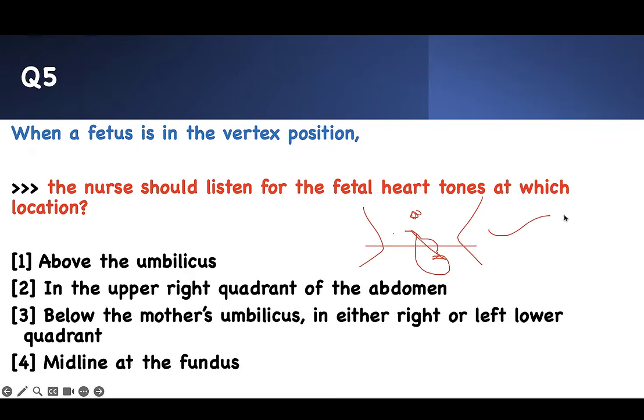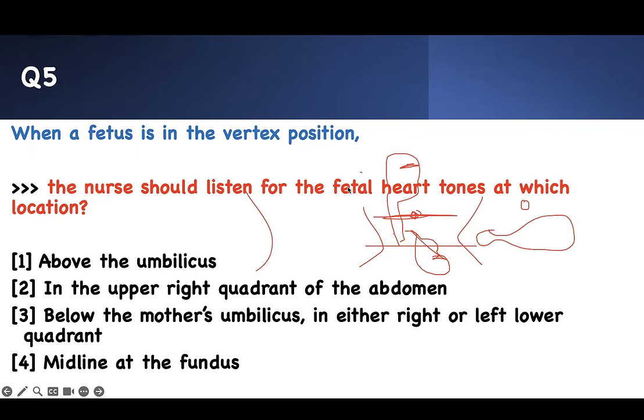The baby can lie down like that and still be what? Below the umbilicus. If the baby is breech, that means his head will be on top like that. It's above the umbilicus. So the concept is in vertex position, the head of the baby is below the umbilicus.